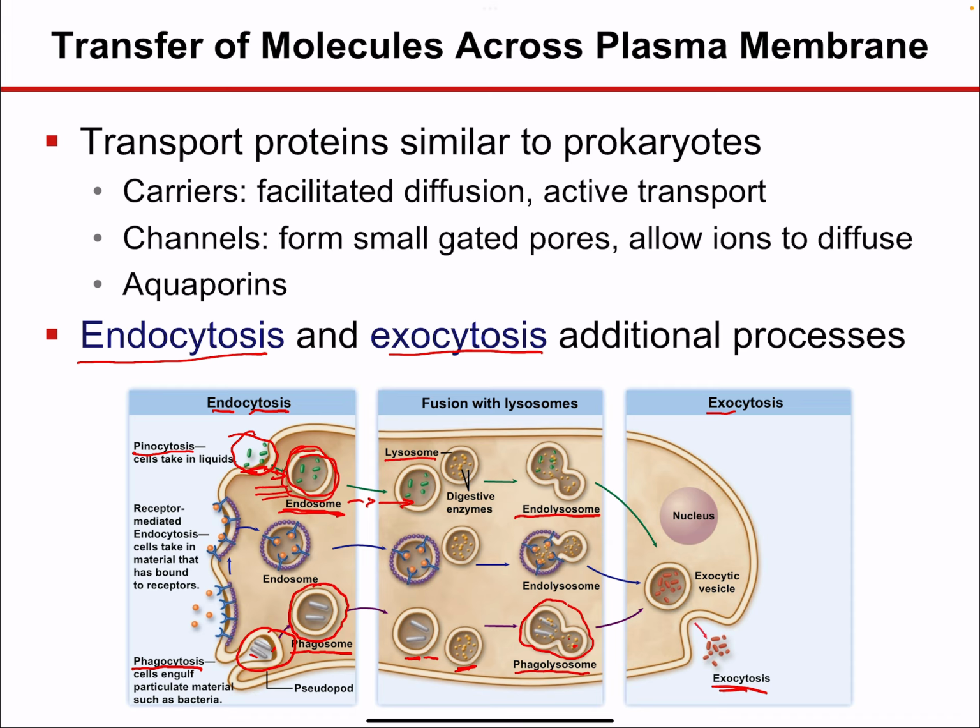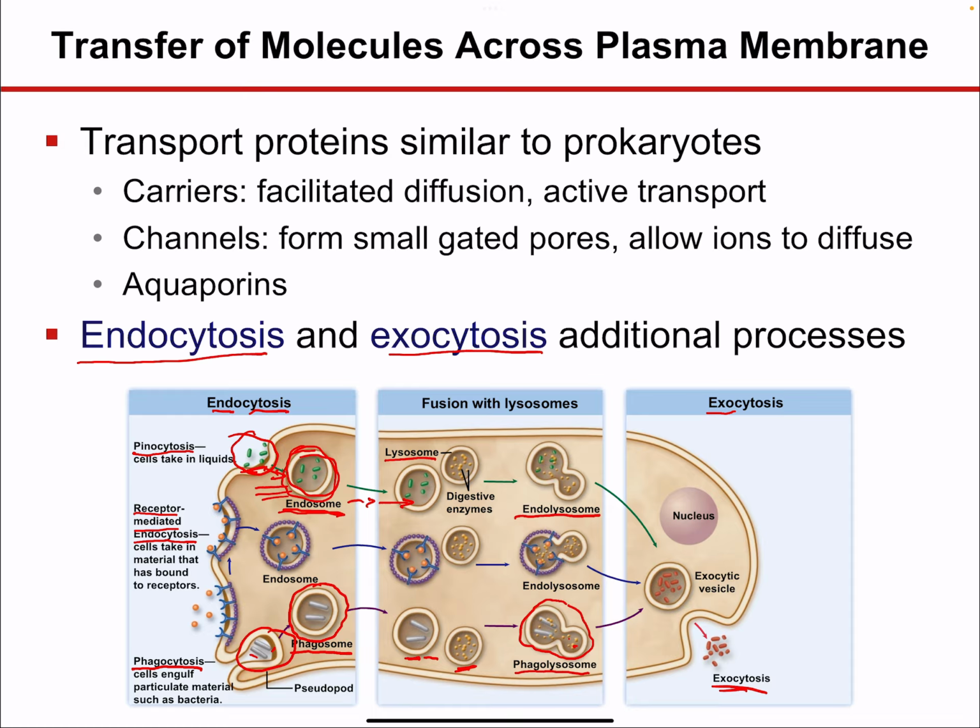And last but not least, you have a type of endocytosis that involves receptors. This is what we call receptor-mediated endocytosis. In this process, the particles are going to attach to receptors, and then a vesicle is going to form.